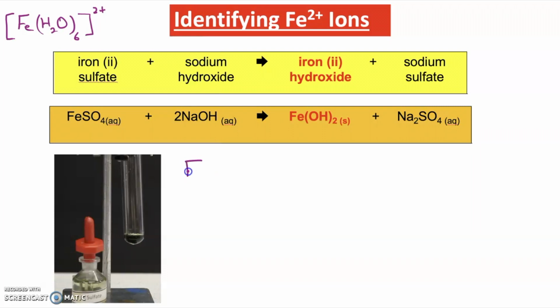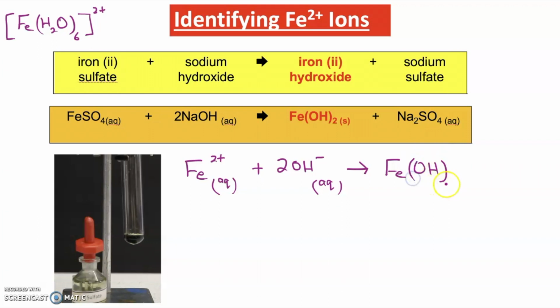We could either write it as Fe2+ reacts with 2 OH- ions, and the reason it's 2 OH- ions is because there's a 2+ charge on the ion, and this would form the precipitate, which is a dirty green colour, and this would have the formula Fe(OH)2. Now the state symbols would be aq for the reactants and s for the precipitate.